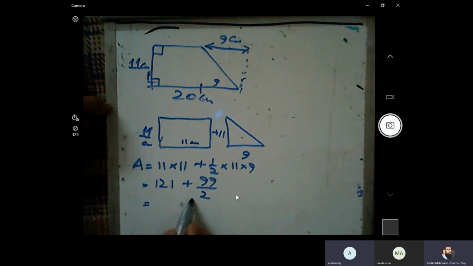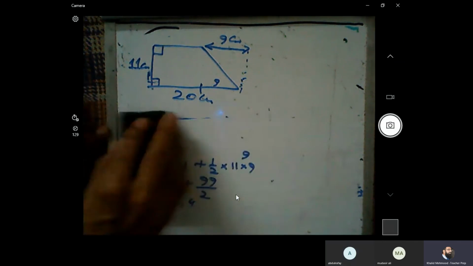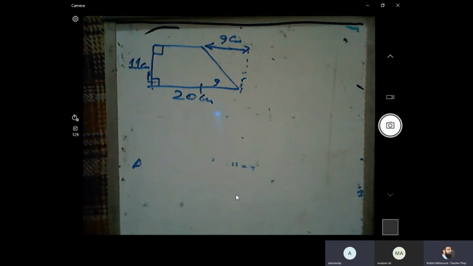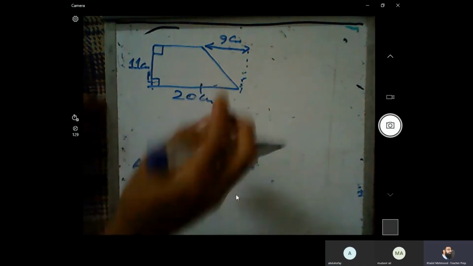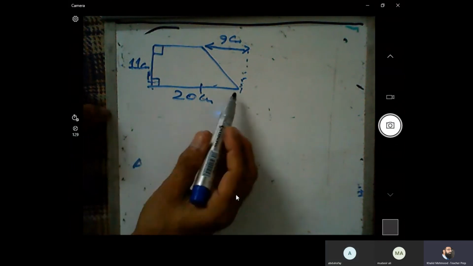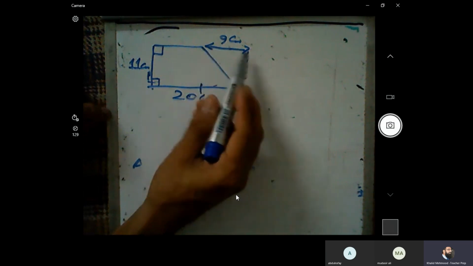Yes, I'll explain this again. This is the shape. In this shape you could see that this length is 20, and out of 20, the top length is 9 centimeter.